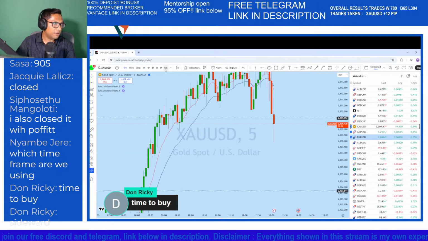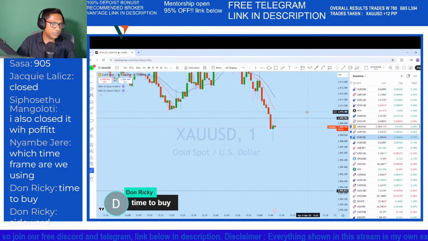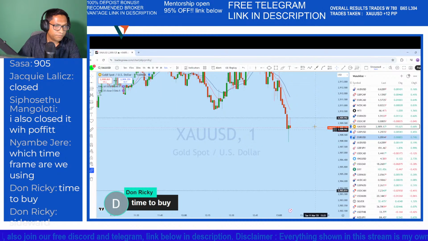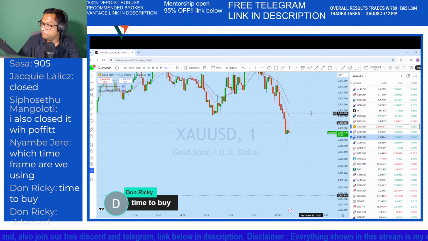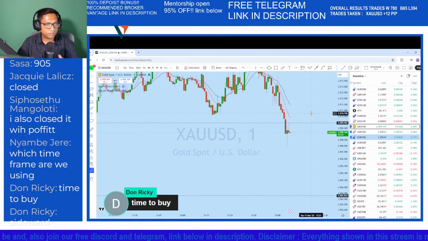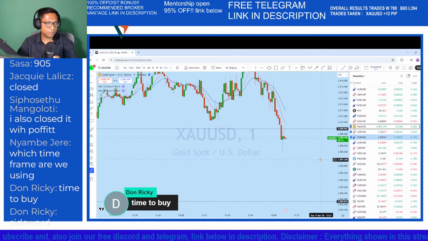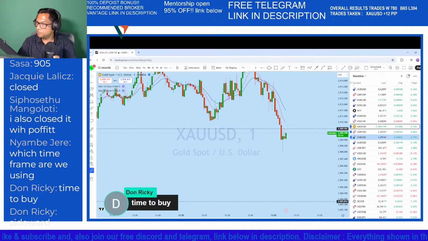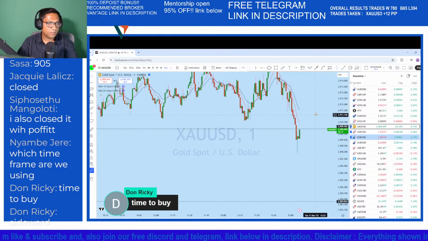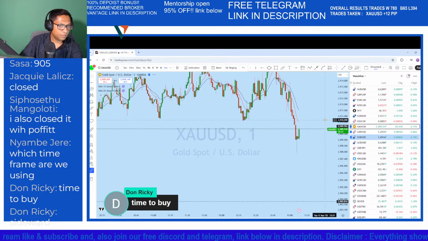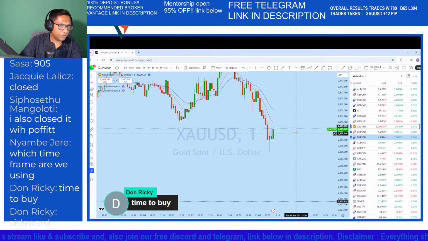So here, you can see this is the 1 minute chart you're looking at. It dropped well below that level.